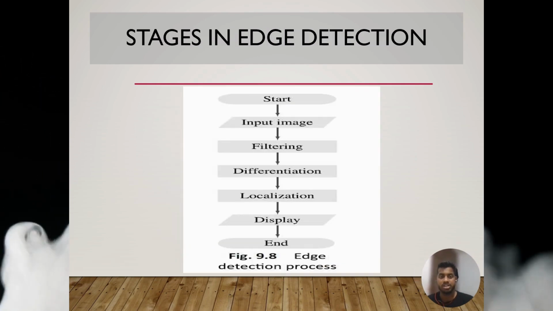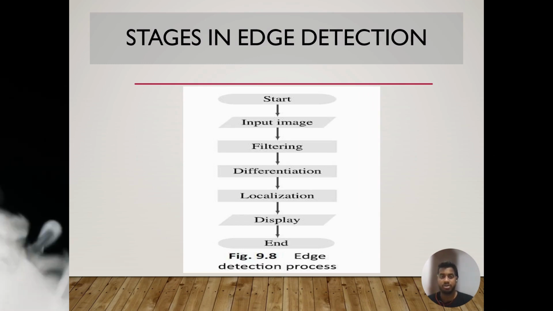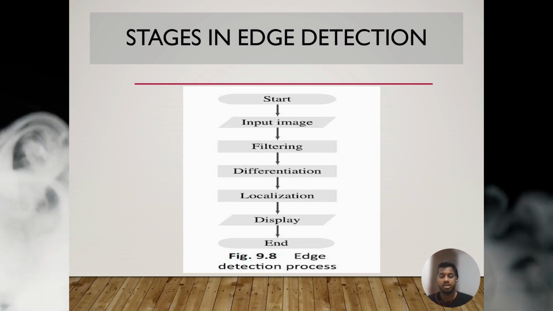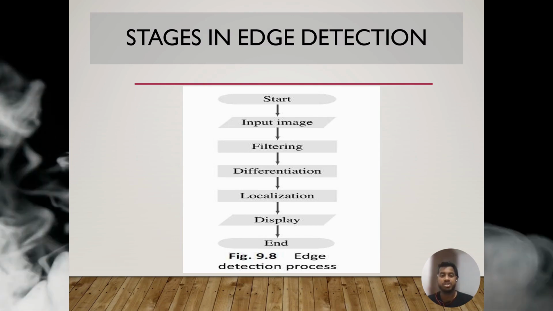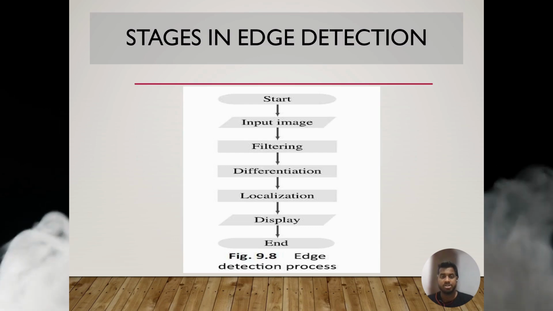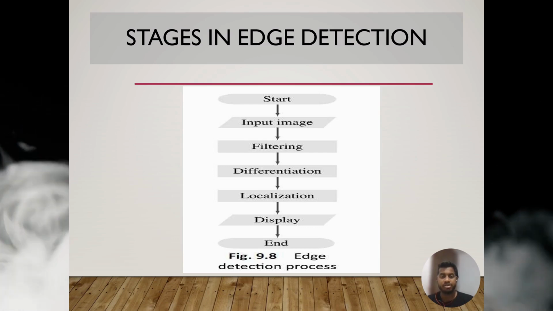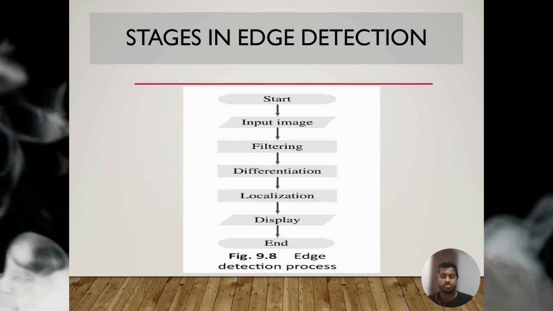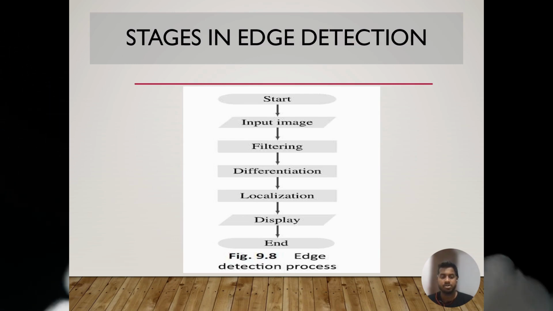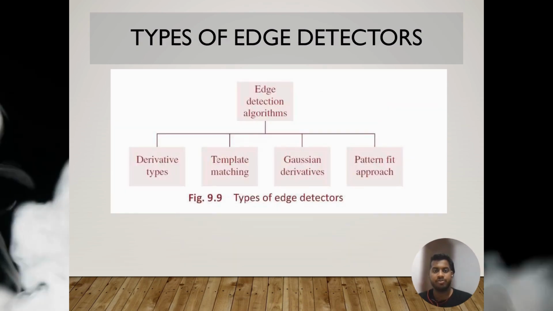So what are the various stages when we are doing edge detection in image segmentation? We start with feeding the image, then filtering is done, differentiation, localization, display, end. So what are the types of edge detectors?